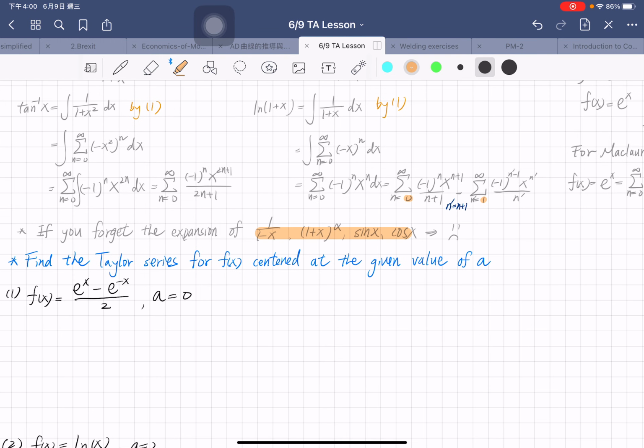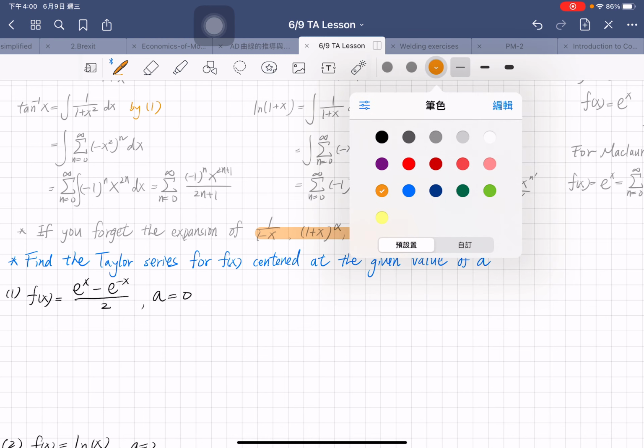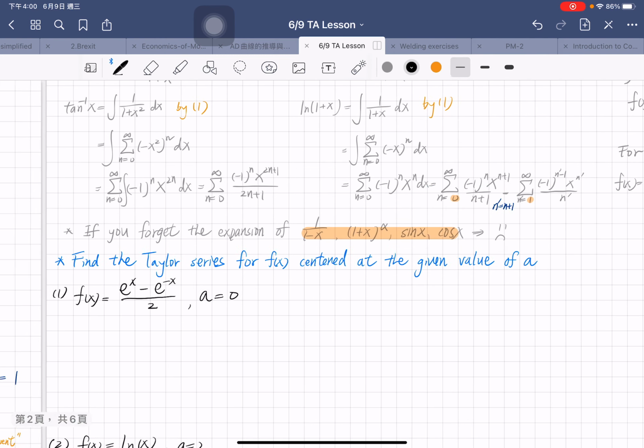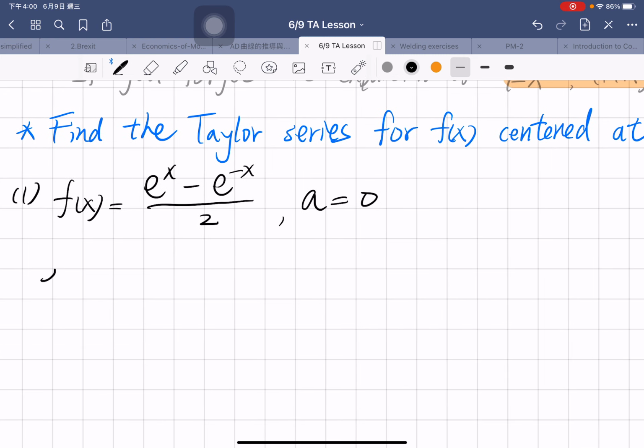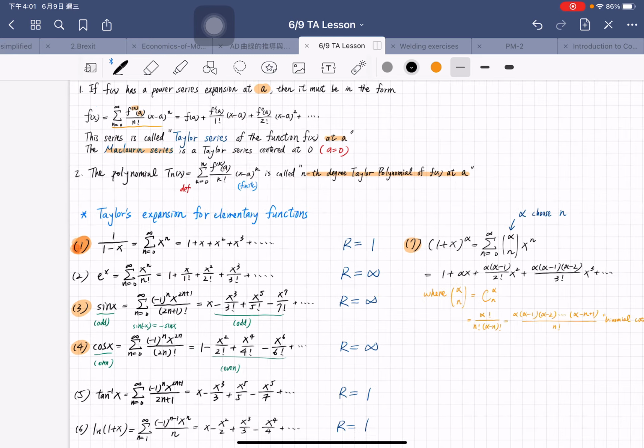Now let's do some exercises. The first one: our f of x equals e to the x power minus e to the minus x power, subtract 2. Our a is 0, so it will be a Maclaurin series. We know e to the x, and we know e to the minus x, and we know how to expand them.